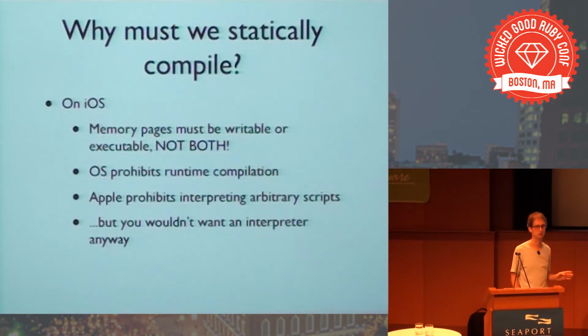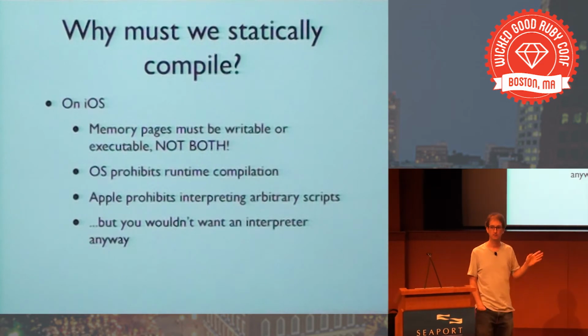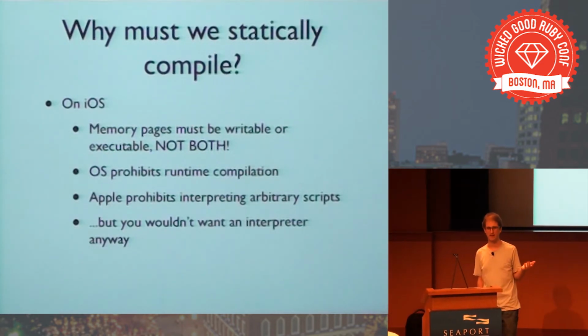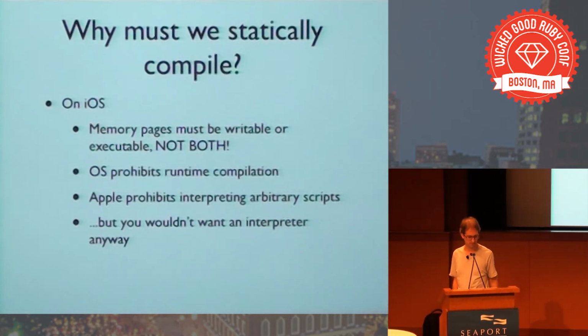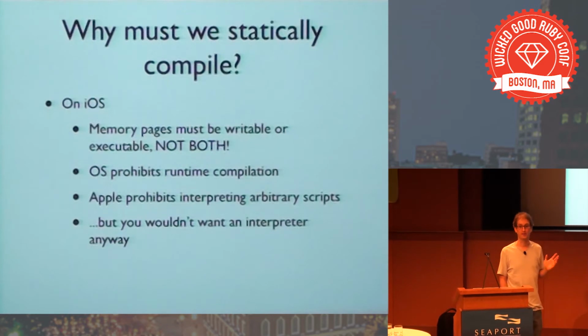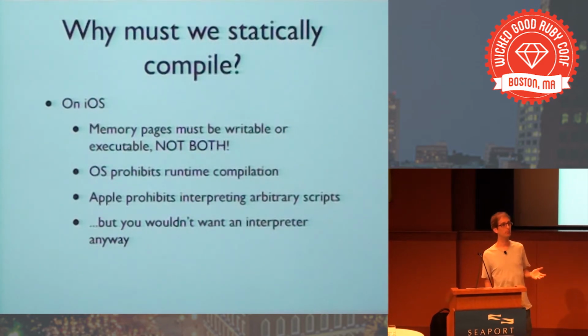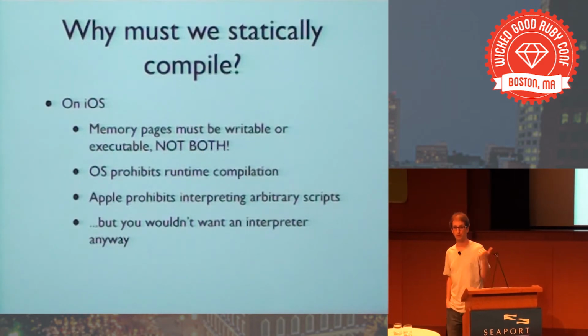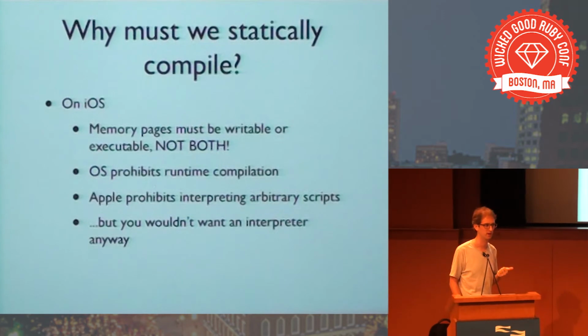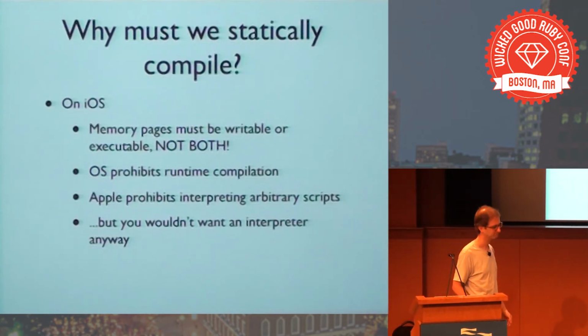This is that famous restriction on running code that was, well, JavaScript gets a pass, but whatever, JavaScript's JavaScript. As it turns out, you wouldn't actually want an interpreter anyway. Interpreters are slow. And there's a reason that even back in the days of working on MacRuby, we preferred to do the ahead-of-time compilation. Because doing interpretation at runtime, it sucks.